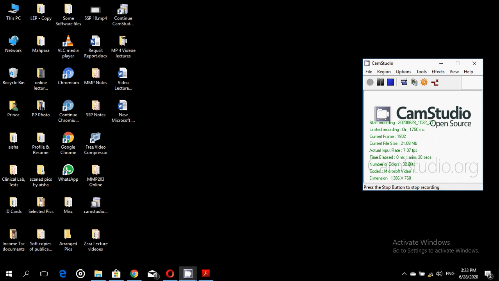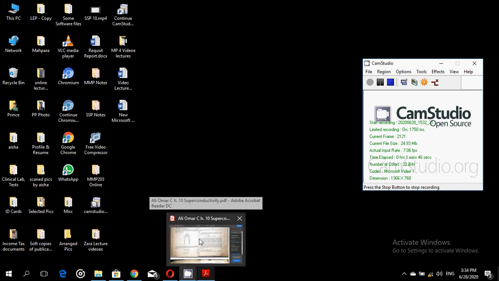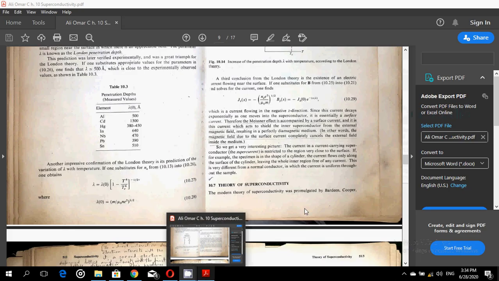Now, let me display the page of the book by Ali Umar from chapter number 10, in which we will discuss and read through this theory.